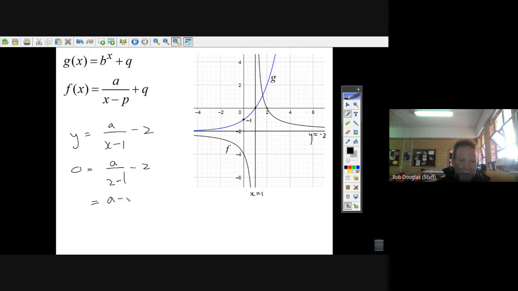That's just a minus 2. Look, I've shown that that equals 0. That's pretty messy, get that out of there. Okay, I know that's 0. I just add 2, and I get a equals 2. Now, I have just figured out and demonstrated by calculation that the equation of the hyperbola must be 2 over x minus 1, minus 2.